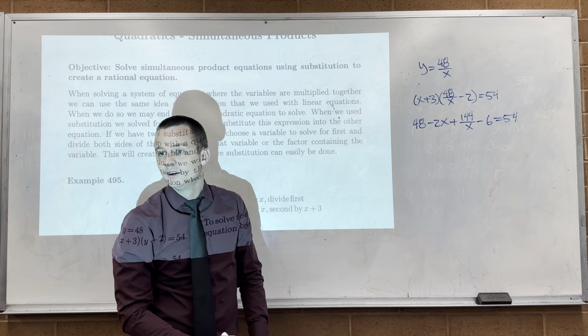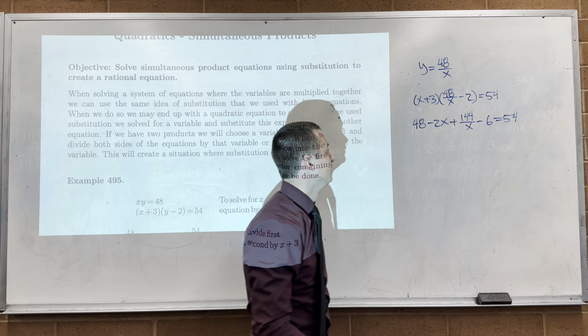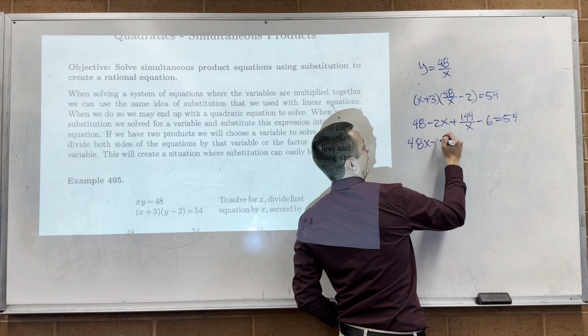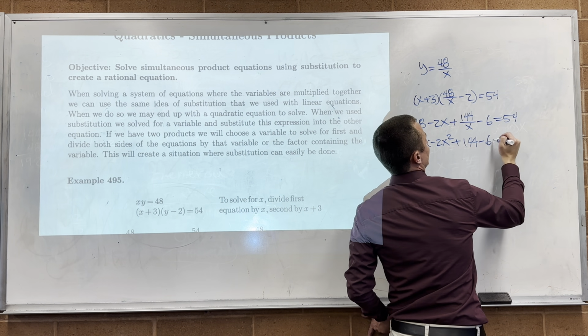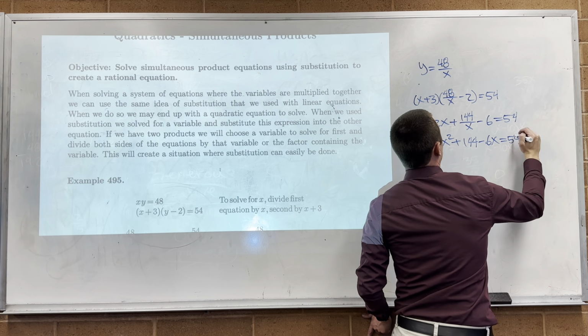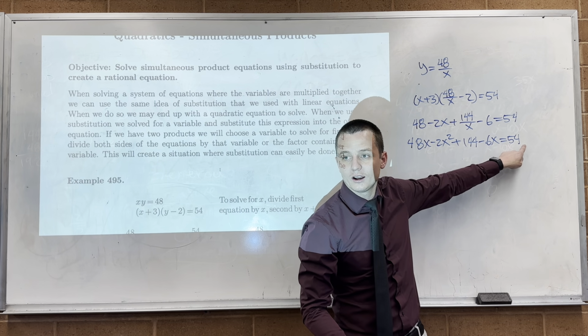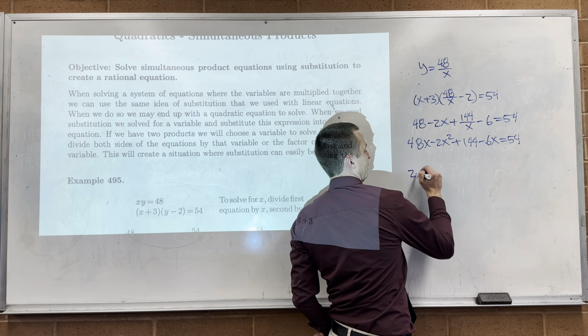Good? Now I don't like the x in the denominator, so I'm going to just multiply everything by x. So we're going to get 48x minus 2x squared plus 144 minus 6x is equal to 54. Combine like terms, let's move everything to this side so that our x squared term is positive. That gives me 2x squared.